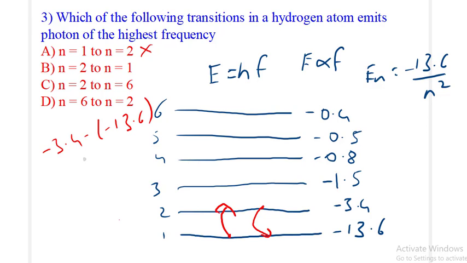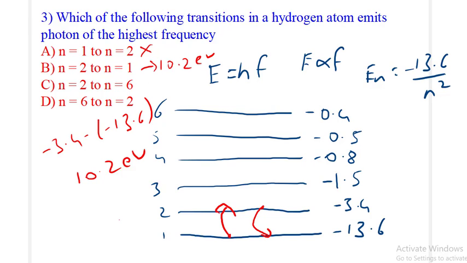If we calculate this, we have 10.2 electron volt. So we get a photon having energy 10.2 electron volt. I'm just writing the value here, 10.2 electron volt for this.